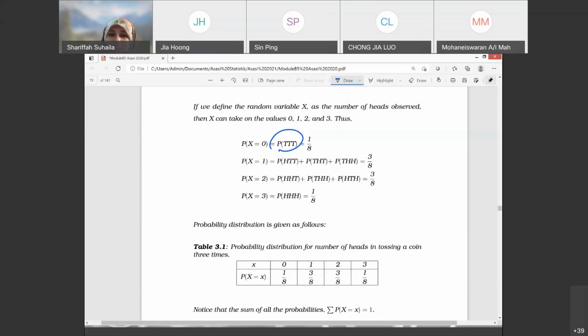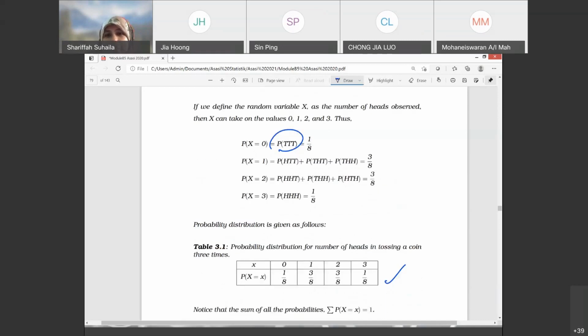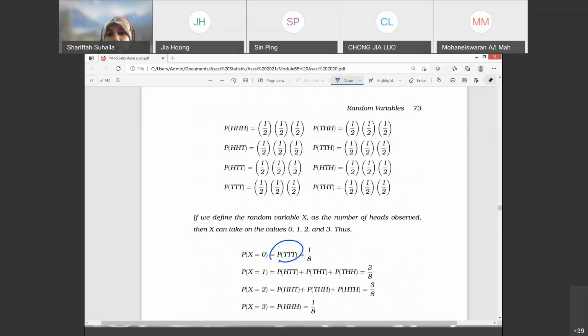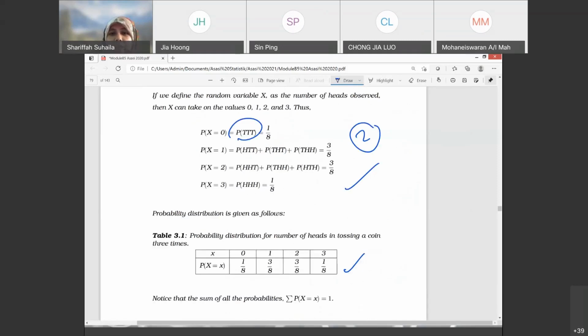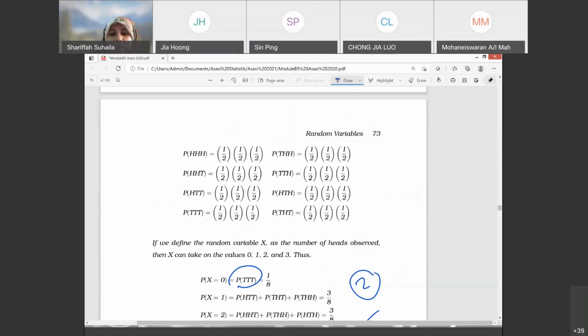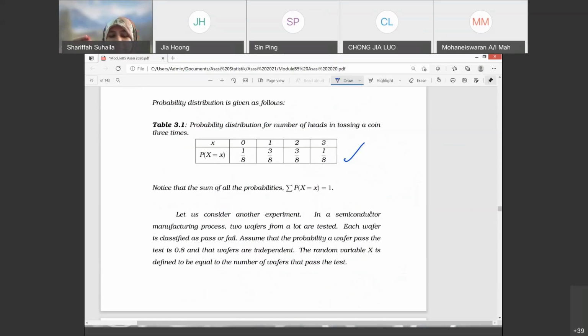So you summarize your probability in terms of a probability distribution, a table of probability. First, you list all possible outcomes. Second, you find the probability. Third, you summarize in terms of a table.